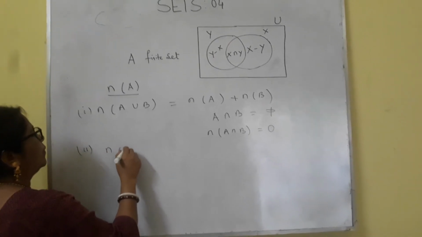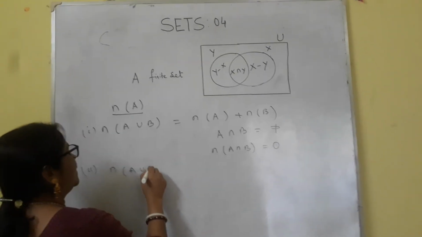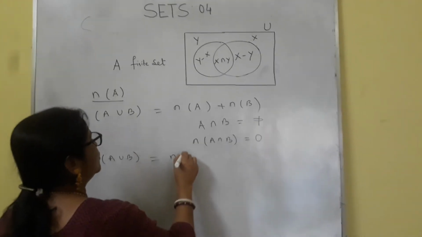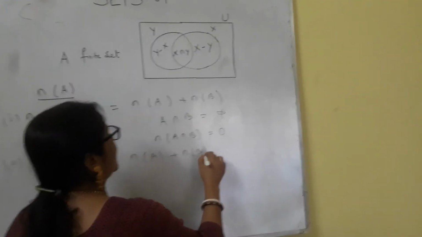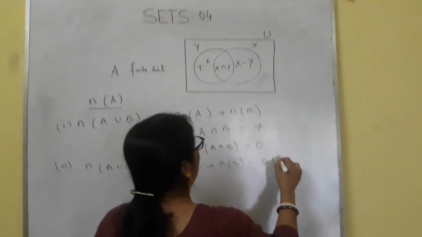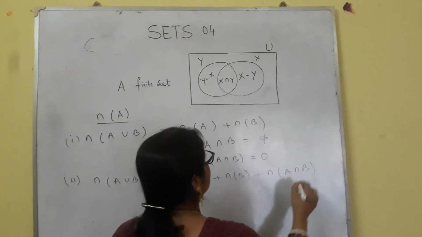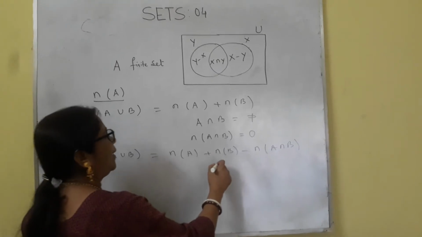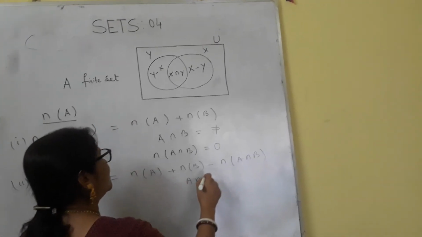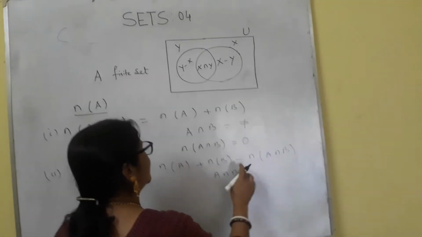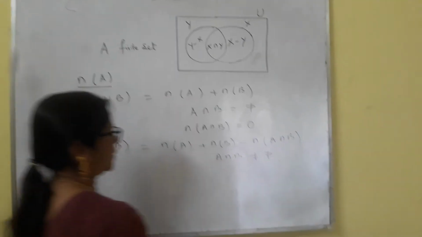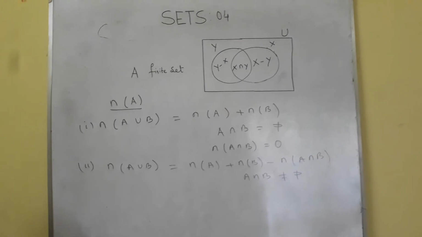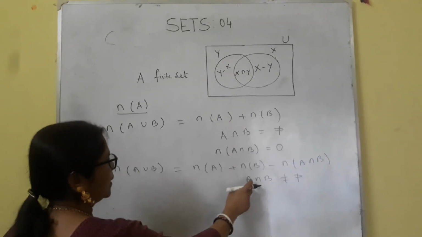n(A union B) equals n(A) plus n(B) minus n(A intersection B). Here A intersection B is not a null set.